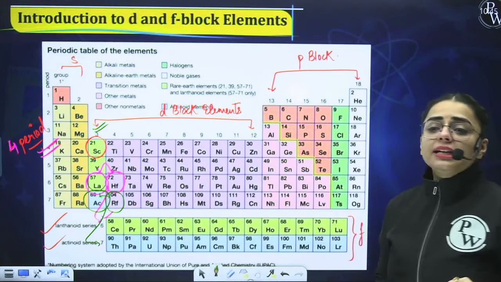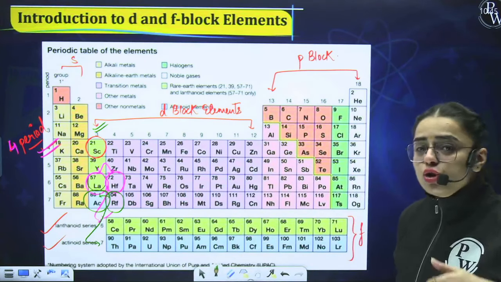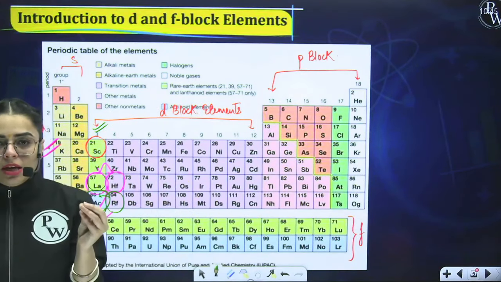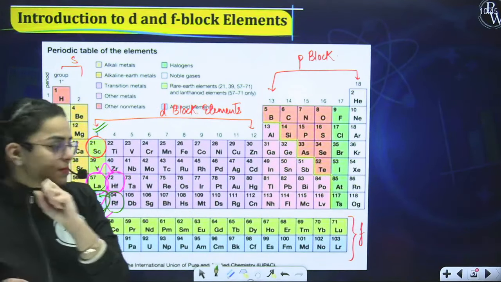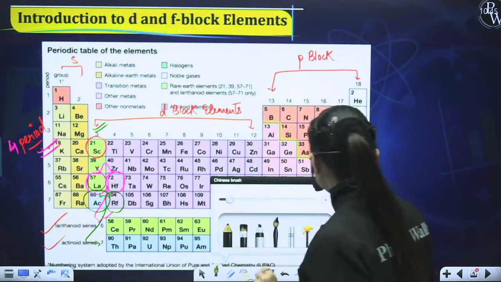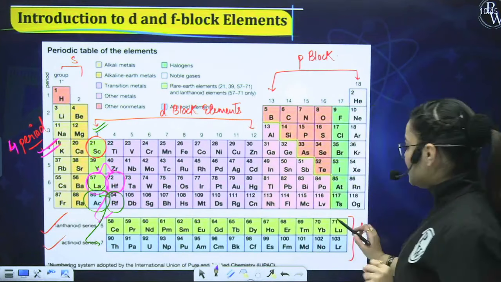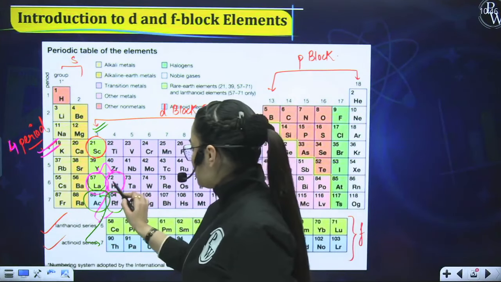Why do they come under the category of F block elements? Because the last electron enters into the F subshell. Now, the most important thing that you should know over here: the elements after 72, you can see these elements.